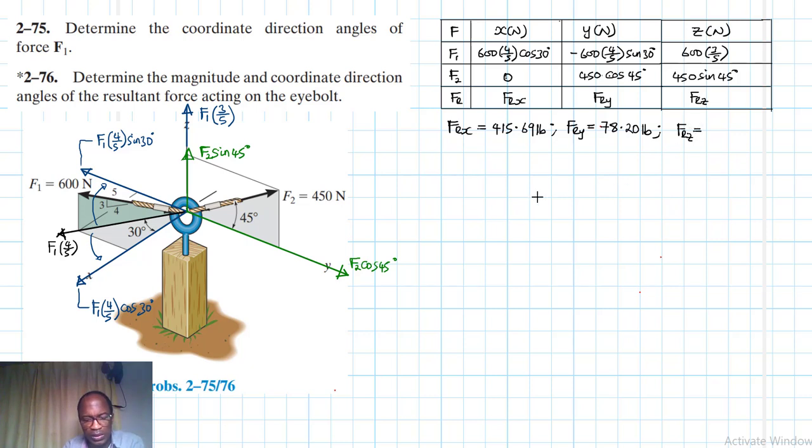This is 600 by 3 divided by 5 plus 450 sine 45. This is 678.20. Okay, I think this is okay.